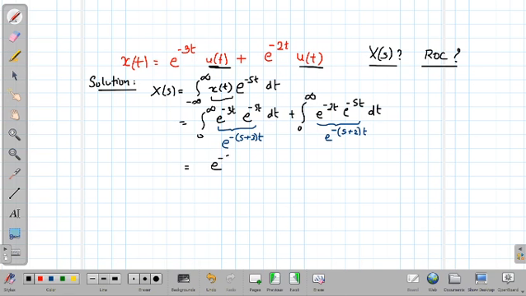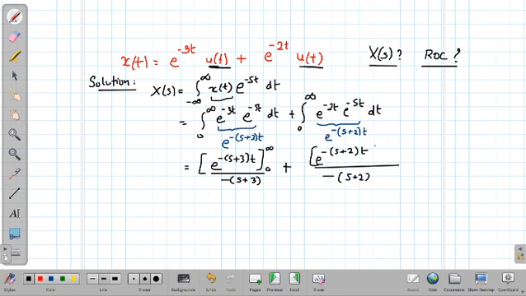By applying integration, it gives e raised to minus of s plus 3 into t with limits from 0 to infinity divided by minus of s plus 3, plus the second term, e raised to minus of s plus 2t divided by minus of s plus 2, with limits 0 to infinity.